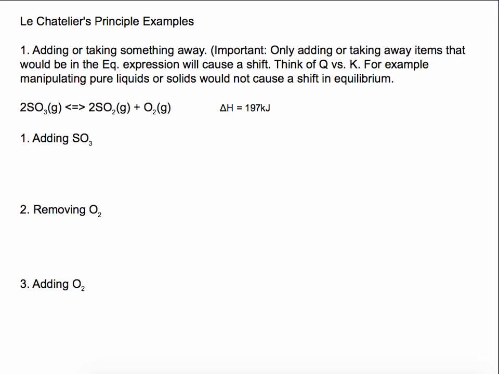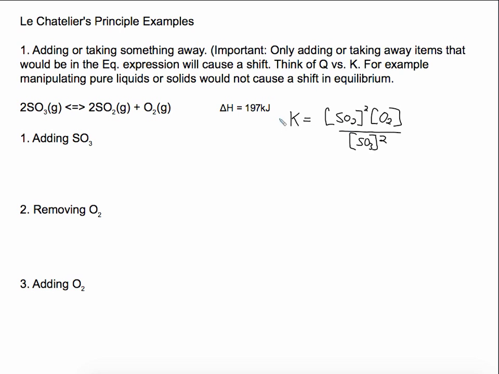All right, so anyway, when you're thinking about the shift, it can always be worked out with a Q versus K type of thing. Remember that if you have the equilibrium expression, like K or Q, for this one it would be equal to SO2 to the second power times O2 to the first over SO3 to the second power.